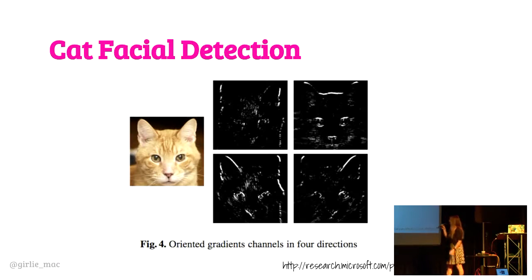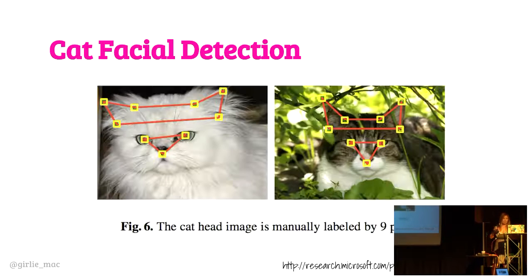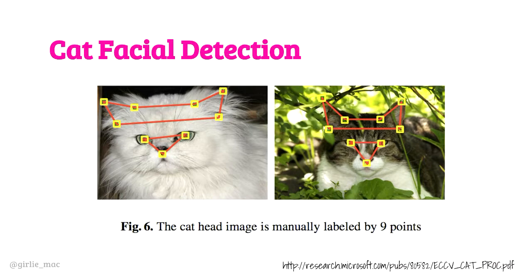So that's what I mean by detecting edges from the picture. It's all just light and dark photos. And here I'm taking some points, 9 points. Basically, they can figure out if it's a cat or not by seeing the ears and eyes and some distances in between.